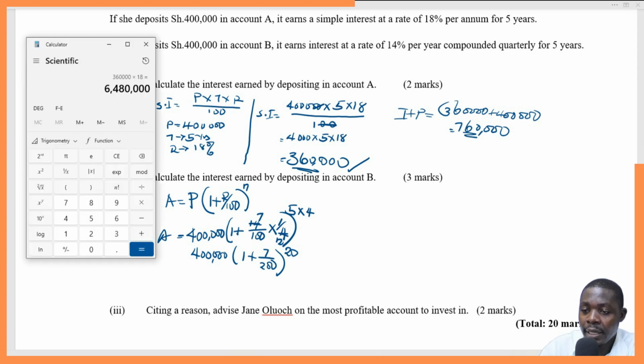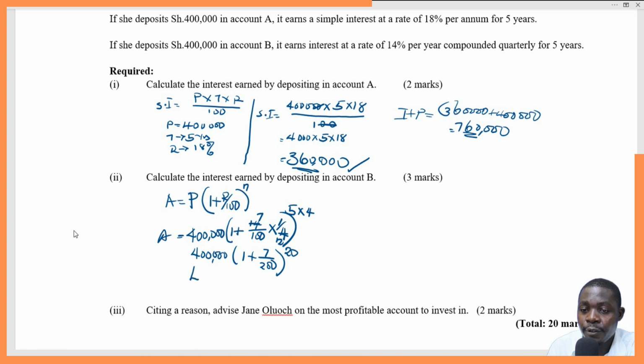Let's use our calculator again. 7 divided by 200, you get 0.035, meaning we are going to have 400,000 multiplied by 1 plus 0.035. We are raising to power 20.